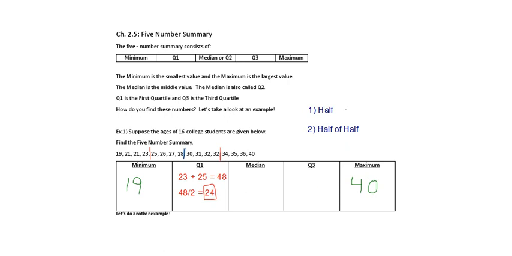All right, let's do the same thing for the median. The median is going to be represented by the blue line. So I will add 28 and 30 together to equal 58. And then I would like to do 58 divided by 2, which is equal to 29. So the median is 29.